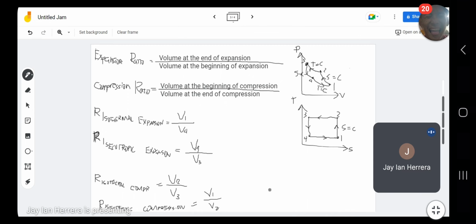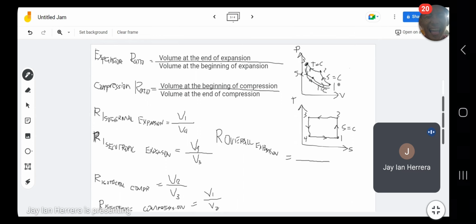So meron din tayong tinatawag na overall ratio, overall expansion ratio. So technically, that is the volume at the end of expansion all over the volume at the beginning of expansion. Since ang total volume na in-expand natin is from 0.3 to 0.1, diretso yan na expansion.